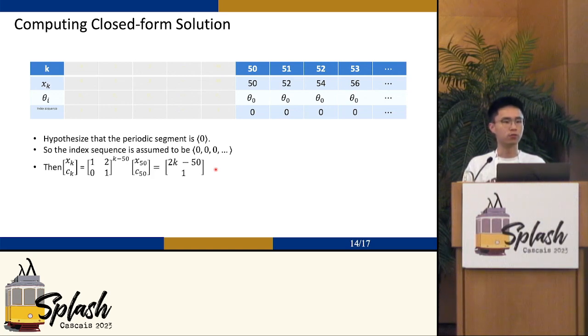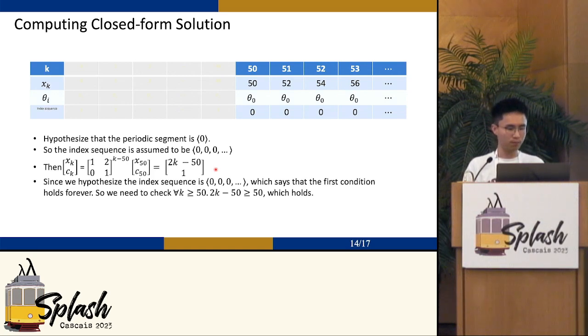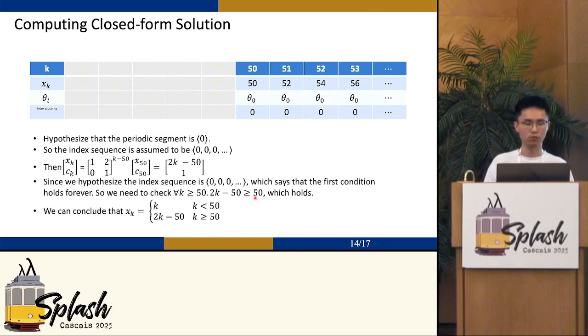And again, we need to verify this result. Because the assumption is that the whole index sequence is 0, 0, 0, the first condition should always be satisfied. So we set up this validation condition, which obviously does hold. So we can conclude that the whole closed form solution is something like this one.